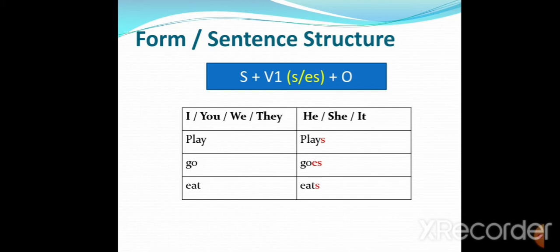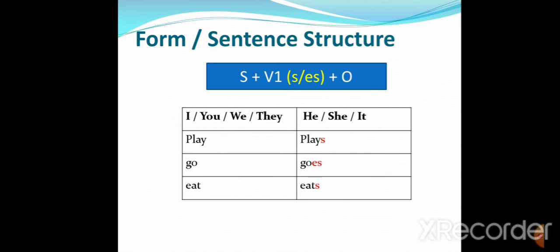But when the subject is he, she or it, look into this table on your right side, you can see the subject is he, she and it. Here we have added s or es to the verb. So you are getting plays, goes and eats. Can you see the changes in the red color?